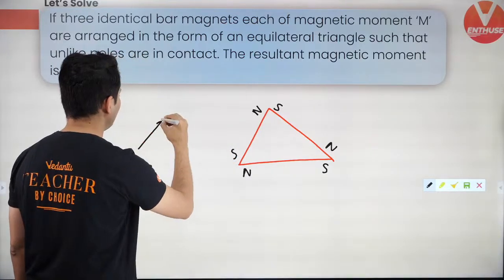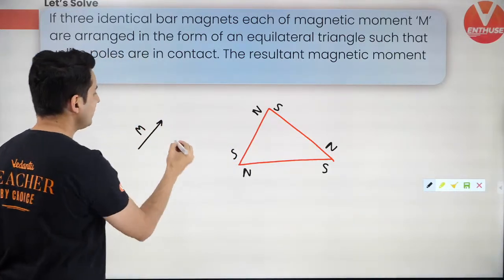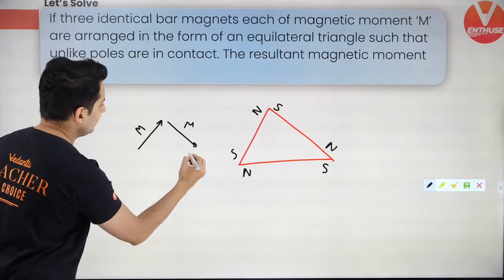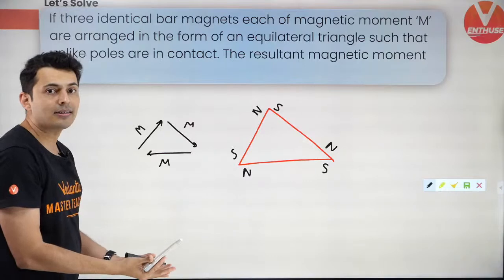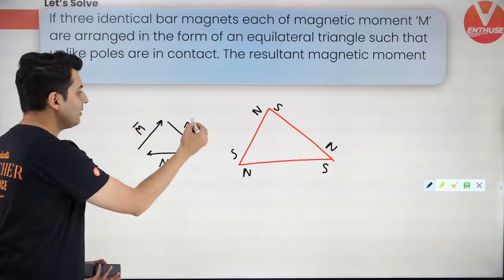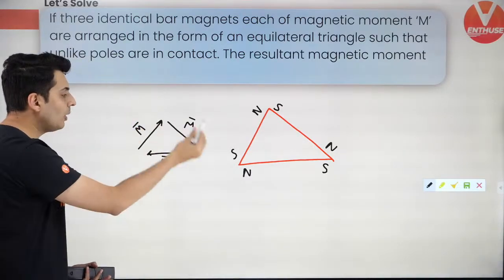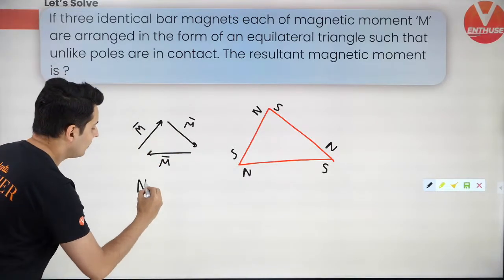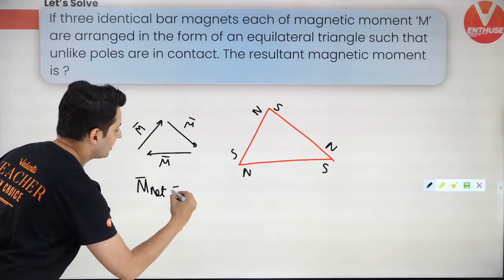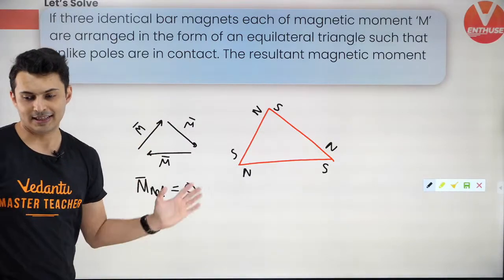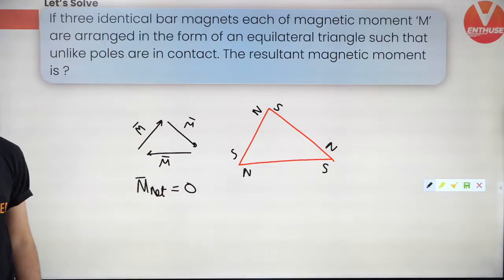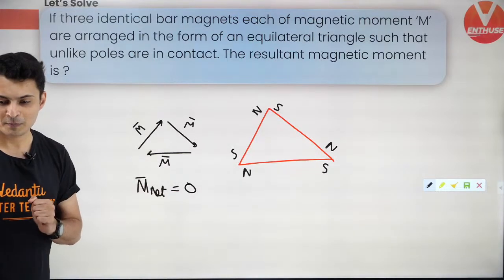One magnetic moment will be here, M. Another magnetic moment will be here. Another magnetic moment will be here. You add it like vectors, remember? Each one of them is a vector quantity. What will happen? It's forming a closed polygon. So what will be the resultant magnetic moment? It will be 0. That's it. So the answer is 0. I hope this is clear.